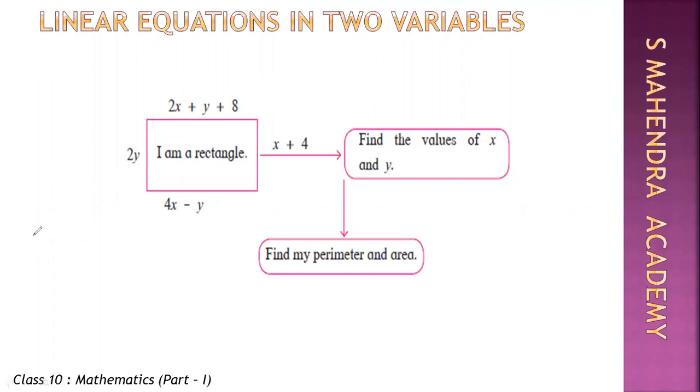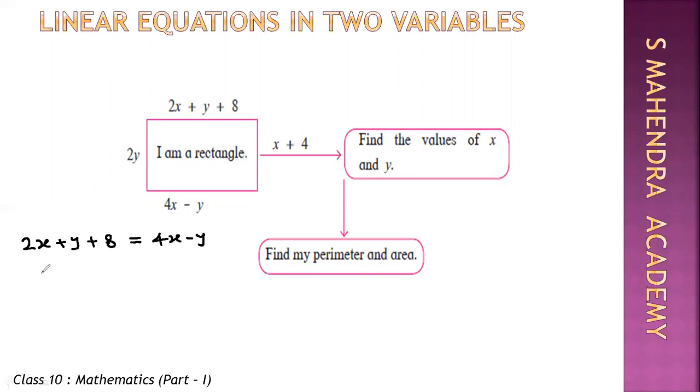Therefore, we can equate both sides: 2x plus y plus 8 will be equal to the opposite side, that is 4x minus 1.